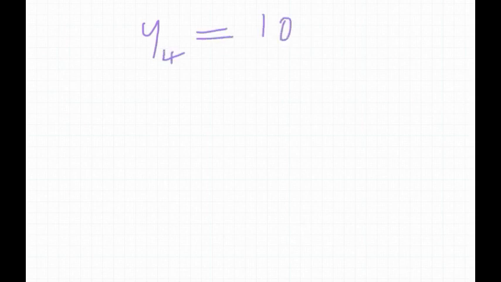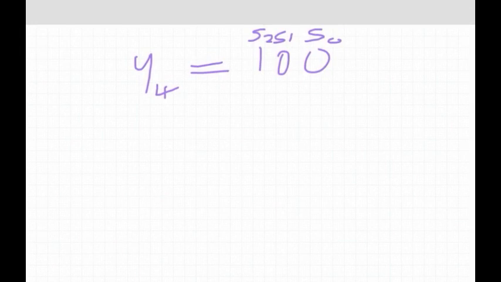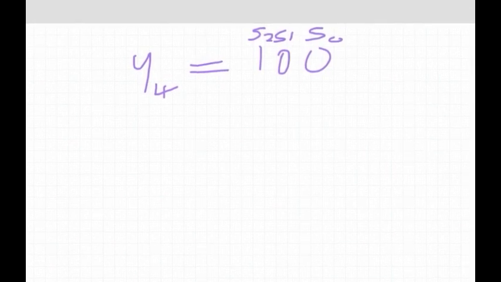To represent Y4, this is represented by 1 0 0. That is for S2, S1 and S0. The most significant bit is S2, the second significant bit is S1, and the least significant bit is S0.